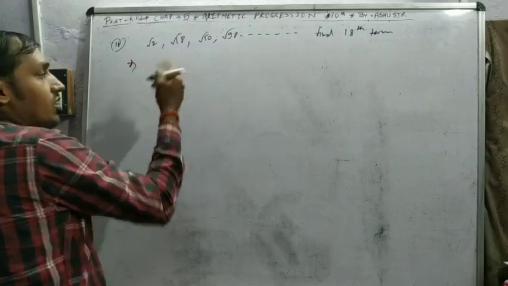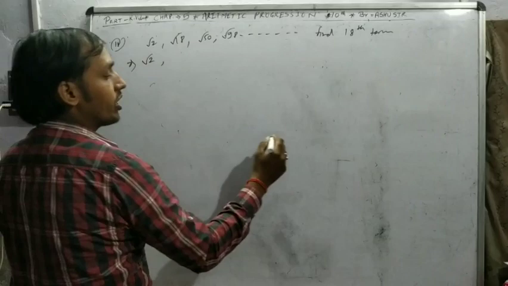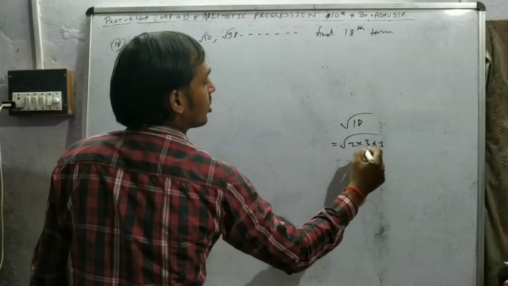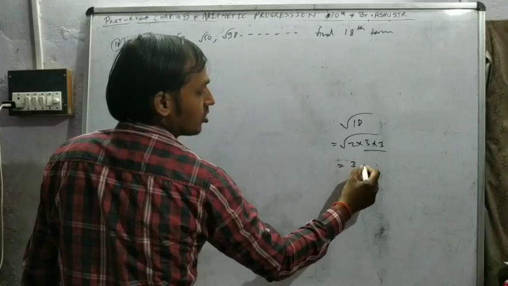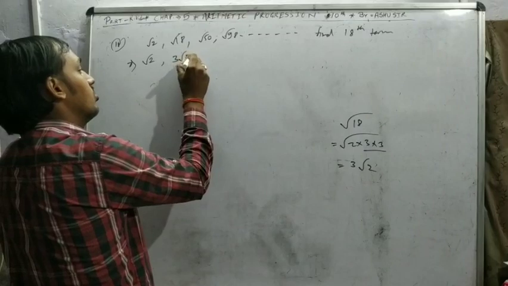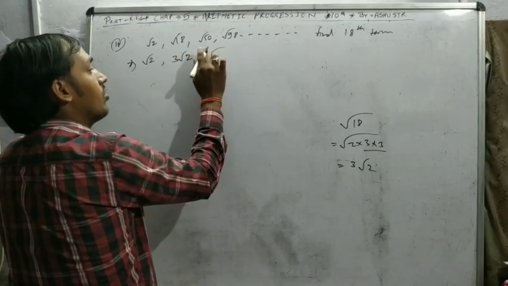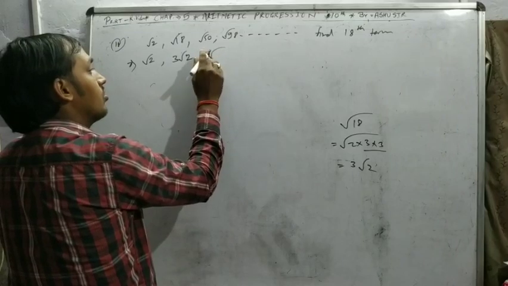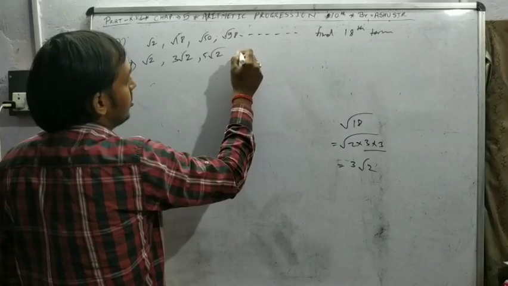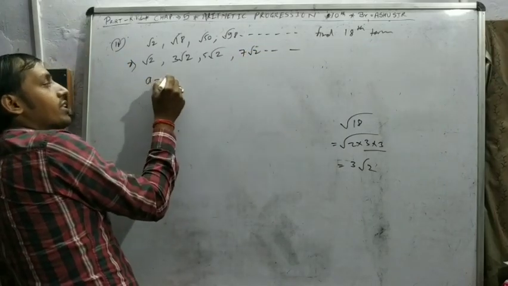We can simplify them. Root 18 is 2 into 3 into 3, so 3 is a pair, so 3 root 2. Same for root 50, 5 root 2, and root 98, 7 root 2.